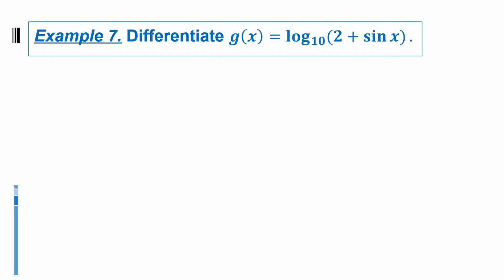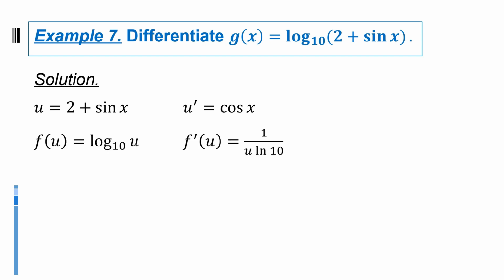Differentiate g of x equals log of 2 plus sine x to the base 10. Our u here is 2 plus sine x, and the derivative is cosine x, while f of u is equal to log of u to the base 10 with a derivative of 1 over u ln 10. So, balikan nyo yung trigonometric at saka exponential logarithmic ninyong mga formulas for derivative.